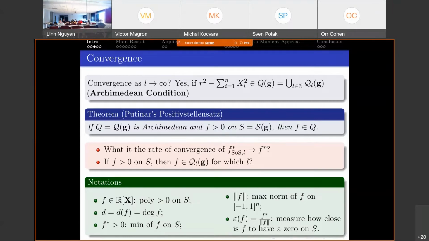So for this, I need, of course, f star, that is the minimum of f on the semi-algebraic set. And I also need the norm. So I denote the norm of f as the max norm of f on the hypercube. And it will be clear later why we choose this norm. And so I define epsilon of f, that is f star divided by the norm of f. And this measures how close f is to having a zero on the semi-algebraic set S.